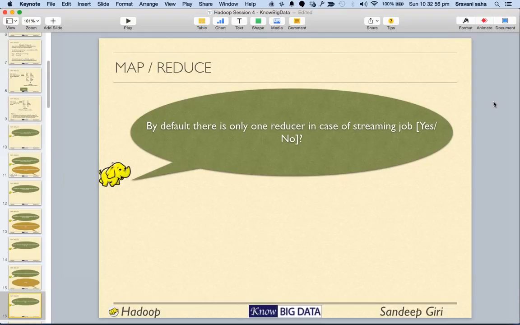By default, there is only one reducer in case of a streaming job. When we do not specify the number of reducers, how many reducers were chosen? In our first example, if you remember, how many files were there when we did not specify the number of reducers?